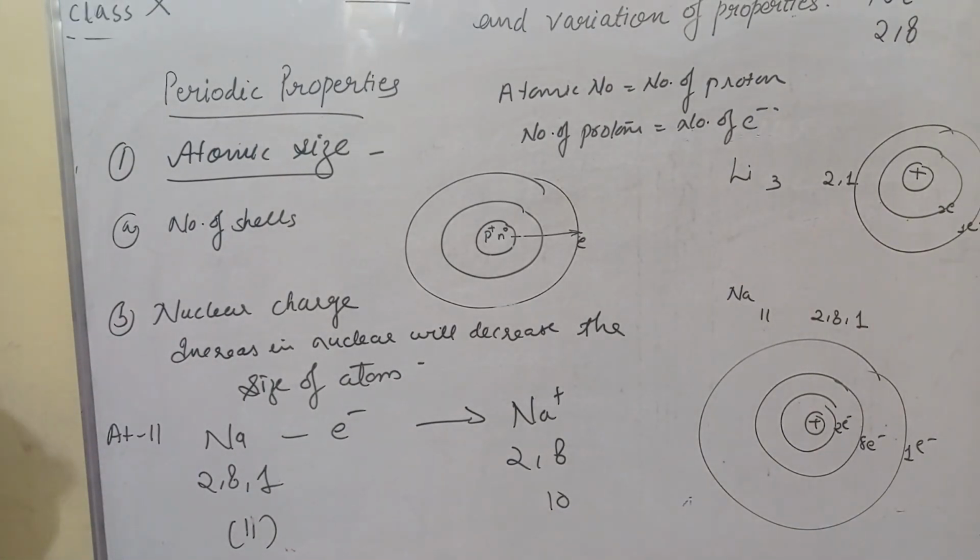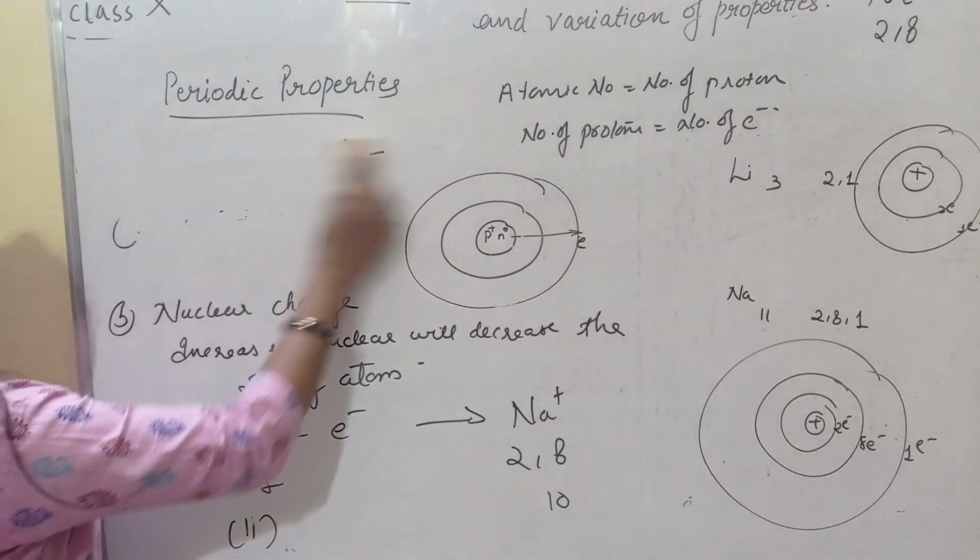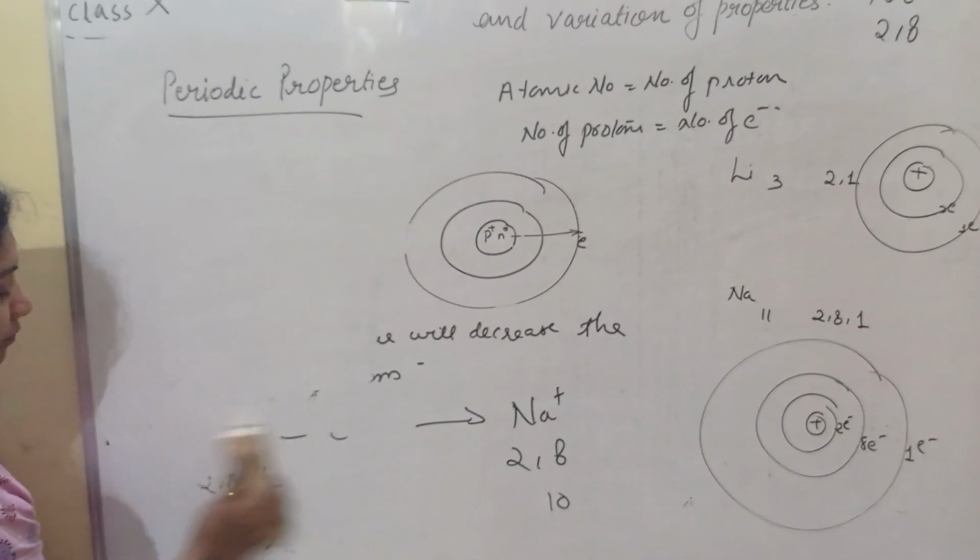Now next we have to see the next periodic property, metallic character.